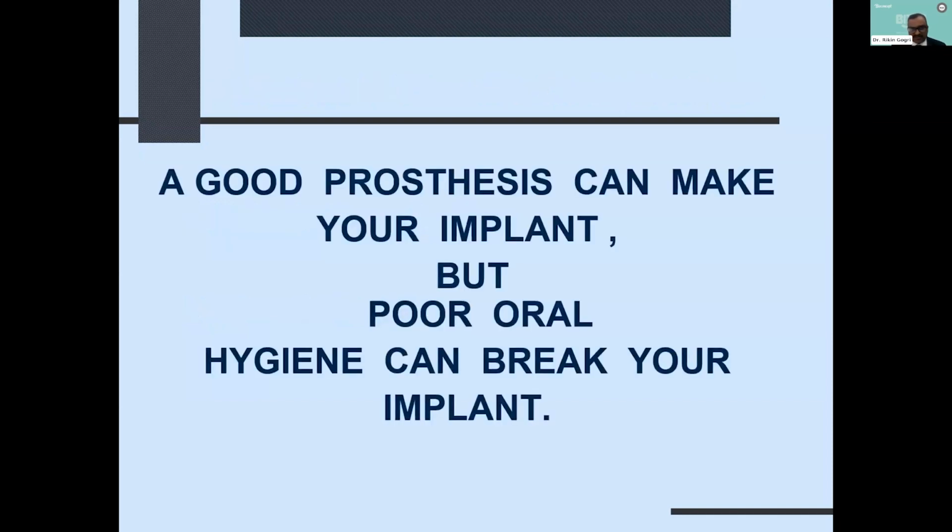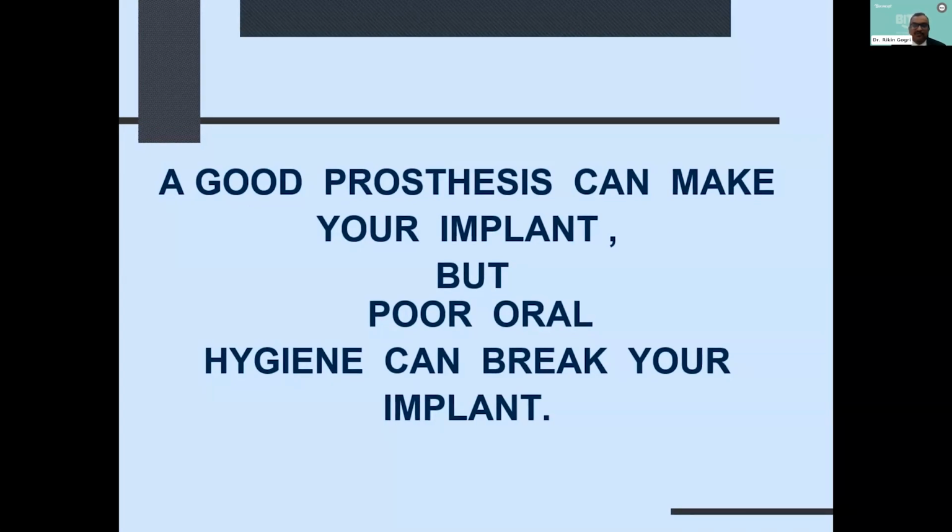A good prosthesis can always make your implant, but poor hygiene can break your implant. That is what we have been discussing throughout our presentation: implant placement, implant angulation, and the prosthesis. Perfect functional prosthesis, taking care of the occlusion, bite, and every other factor which gives a successful prosthesis, can make your implant.